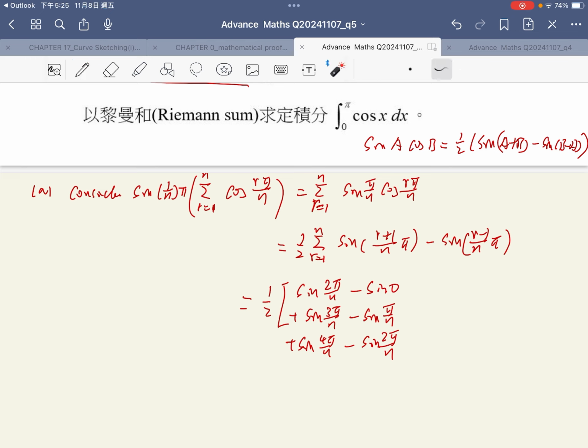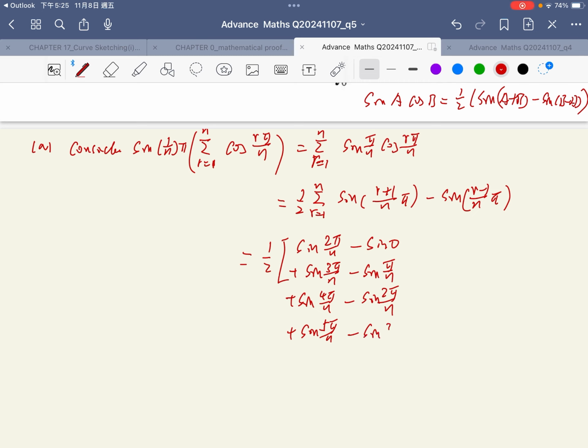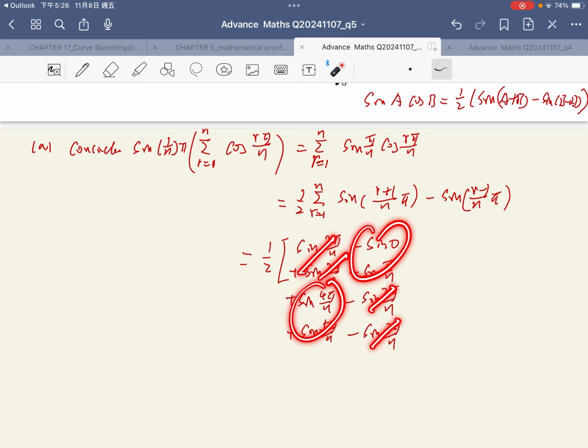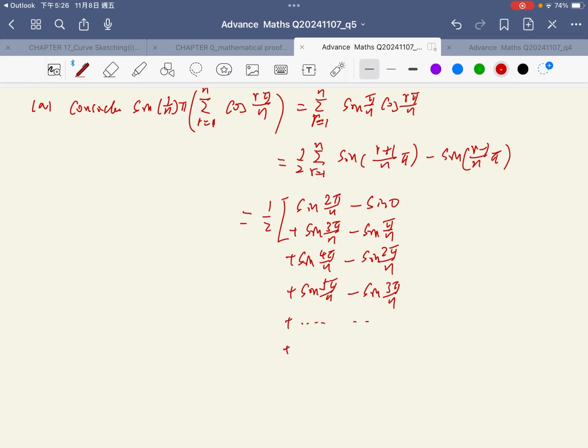I observe that a pattern occurs, because these two terms can be cancelled, and only this term is left. If I write one more term, I also observe that these two terms cancel, and only the last two terms are left. That means for the last, I only write the last two terms.